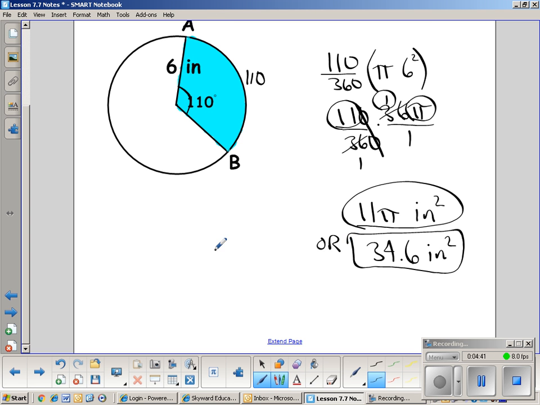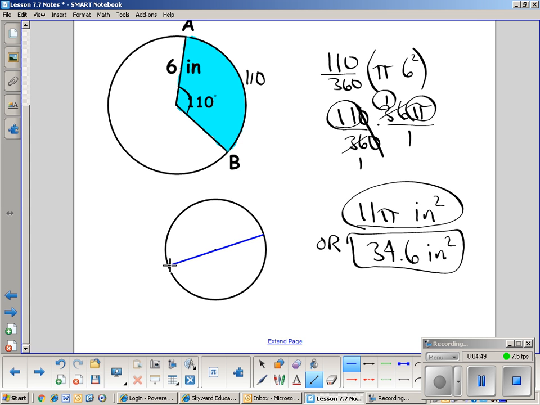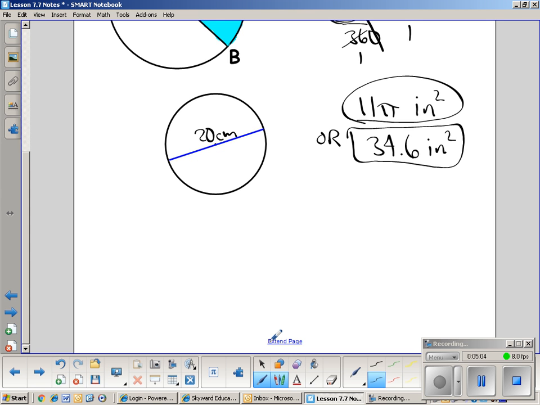Now, one example we hadn't looked at yet. If they want us to find the area of this circle, someone tell me, what was the formula again? Area equals pi r squared.